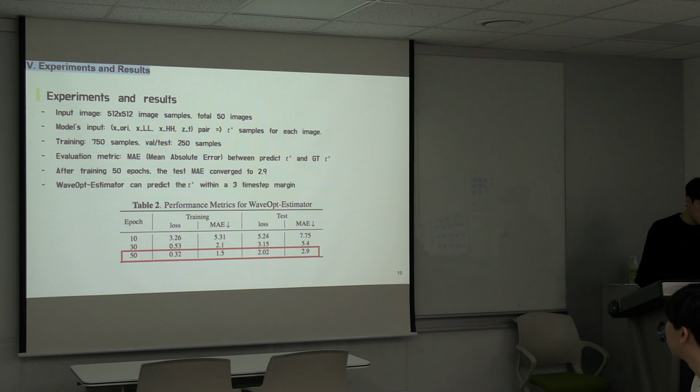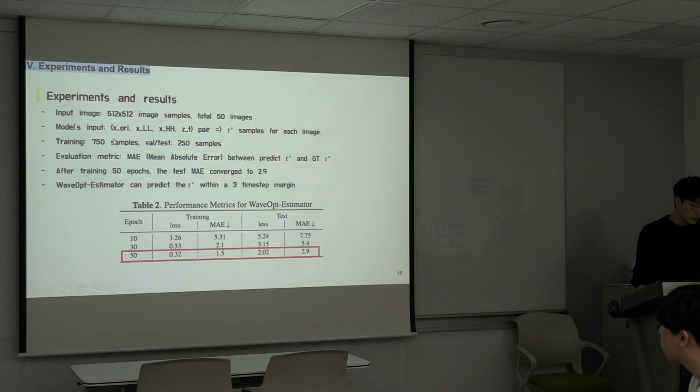So I will briefly explain the experiments and results. We use 50 images from other image editing tasks, and since the models include the DDIM latent ZT, we can construct a number of T star samples for each image.